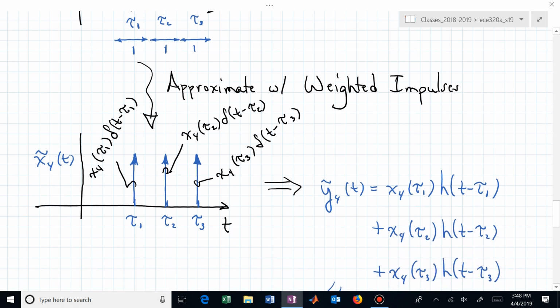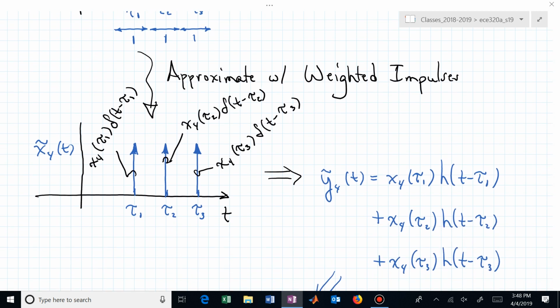The output y sub 4 is simply a weighted collection of impulse responses. If we hit it with x, and the x is an impulse, the output is h.